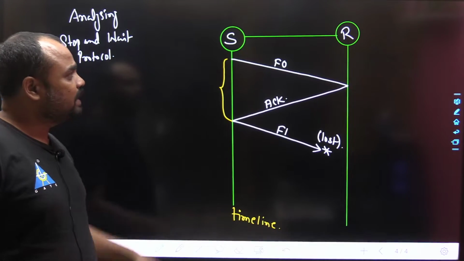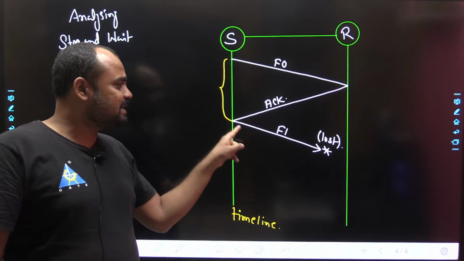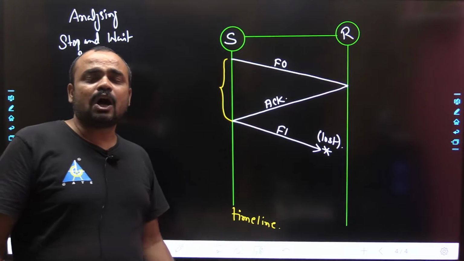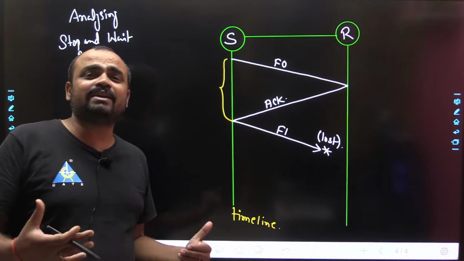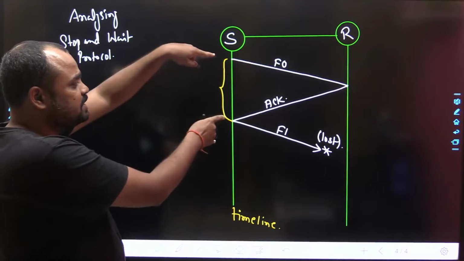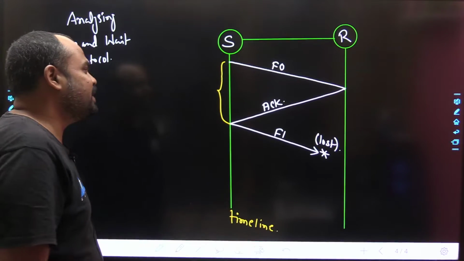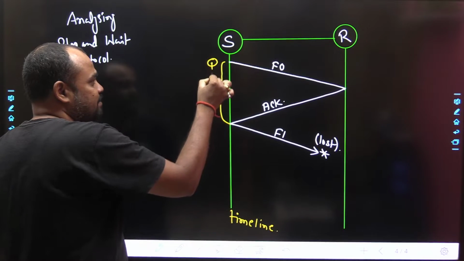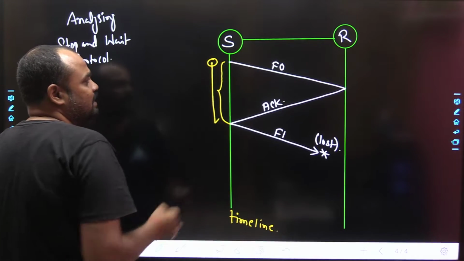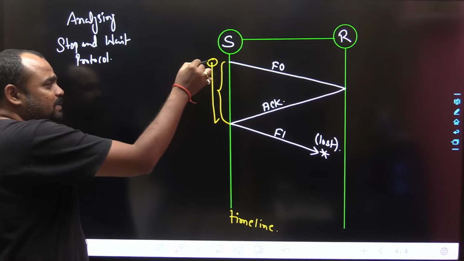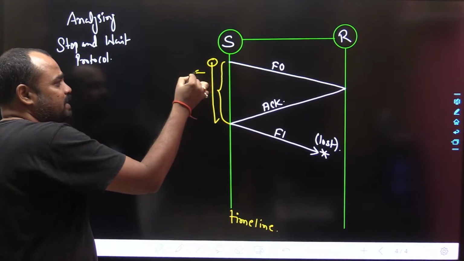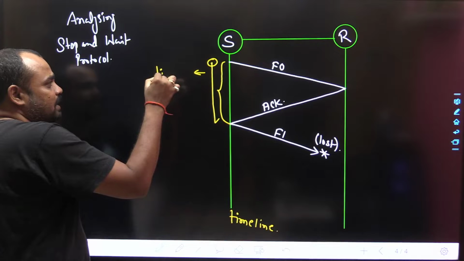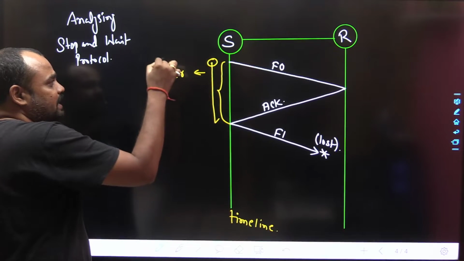So the next time, whenever the sender is sending a frame, how long does it have to wait for the acknowledgement? This much time, yes or no? If this particular time is known, then according to this, the sender will set the timer.